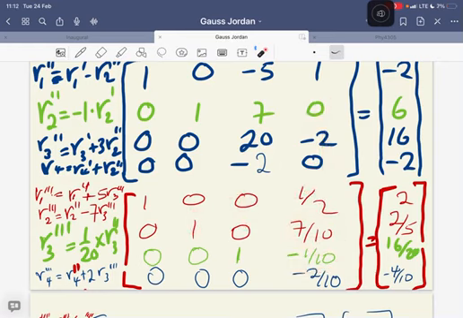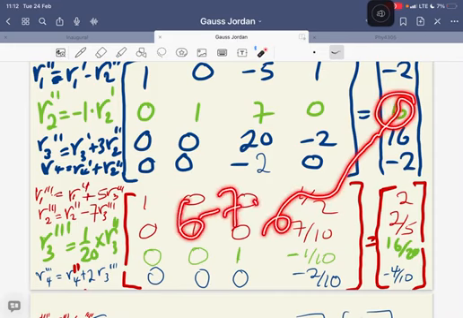And the next thing is our 6. So 6 minus 7 times 16 over 20, right?